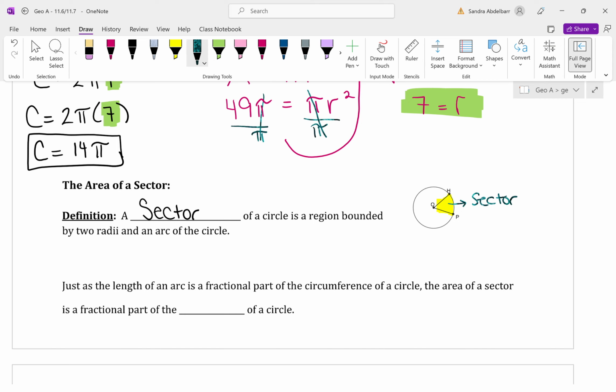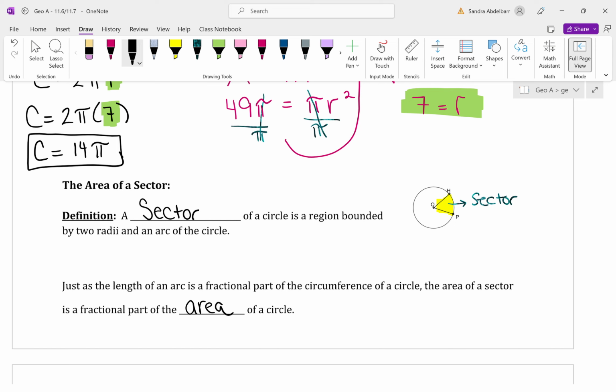So just as the length of an arc is a fractional part of the circumference of a circle, the area of a sector is a fractional part of the area of a circle. So write that in and I'll explain this to you. So if we're given a circle, we know how to find the full area of a circle, right?